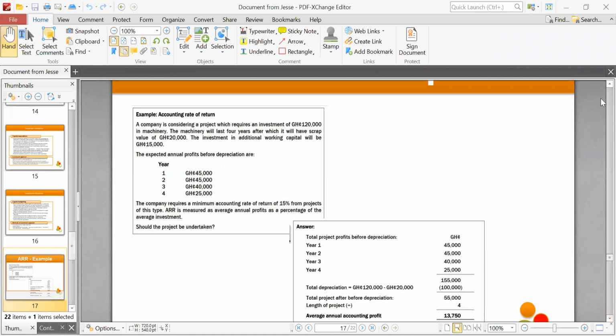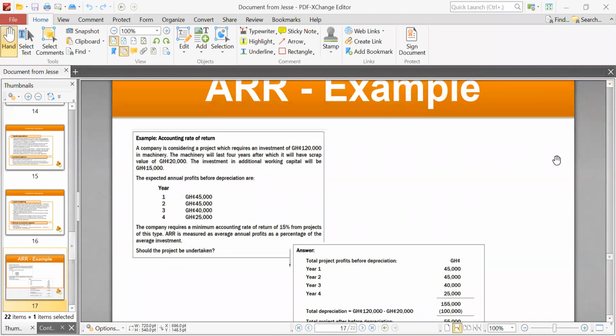Okay, so let's look at accounting rate of return, or what we call ROI. Let's look at this simple question. A company is considering a project which requires an investment of 120,000 in machinery. The machinery will last 4 years, after which it will have a scrap value of 20,000.